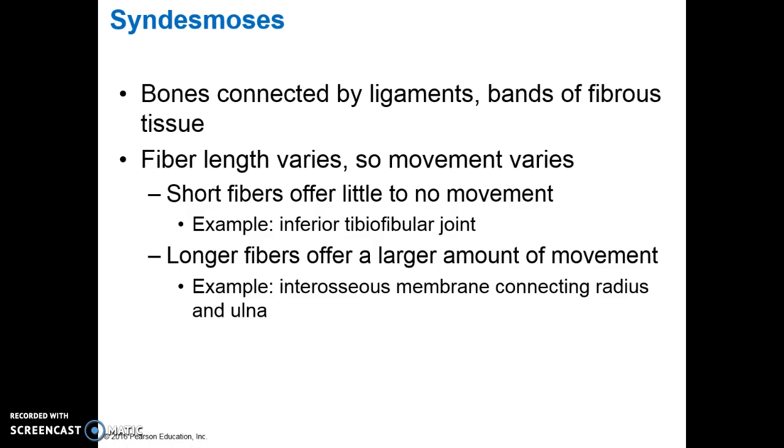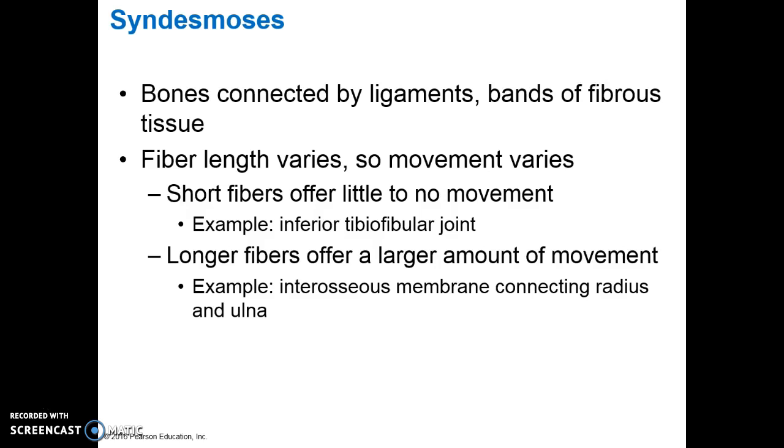Next is syndesmosis, where bones are connected by ligaments and bands of fibrous tissue. Here the length of the fiber can vary, so movement varies. Short fibers offer little or no movement, and this would be an example of the inferior tibiofibular joint, or distal tib-fib joint.